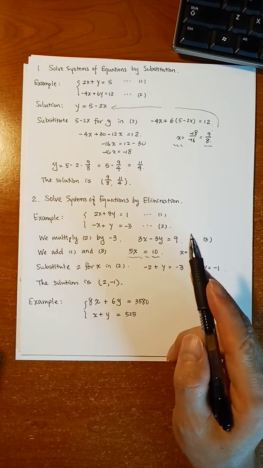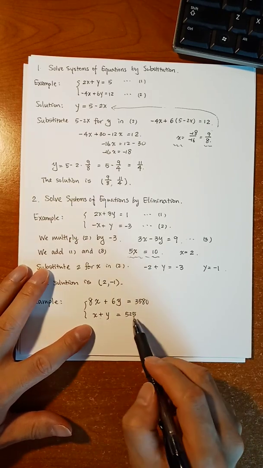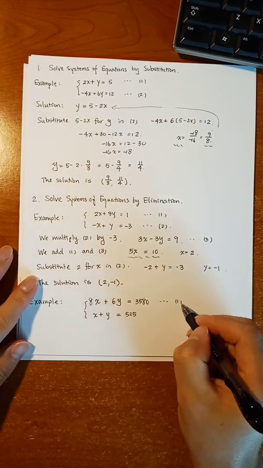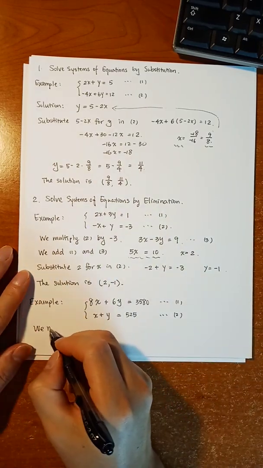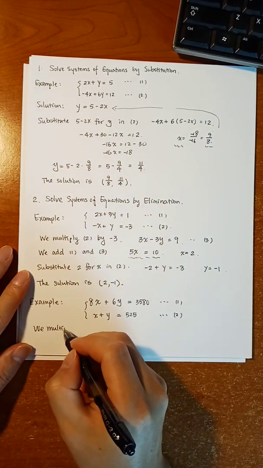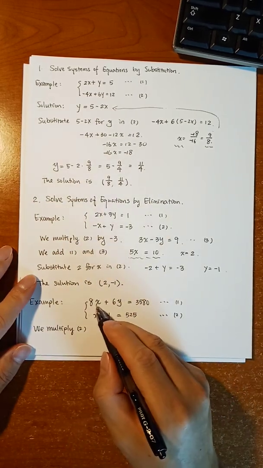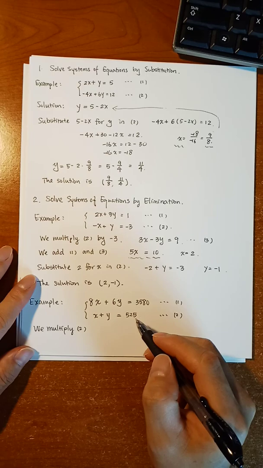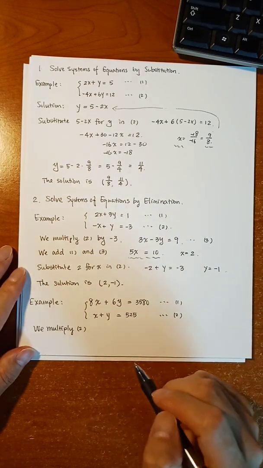We can try this elimination method. I'm going to multiply equation 2. Again, you can eliminate X or you can eliminate Y. Either works. For example, now let's eliminate X and we leave Y.